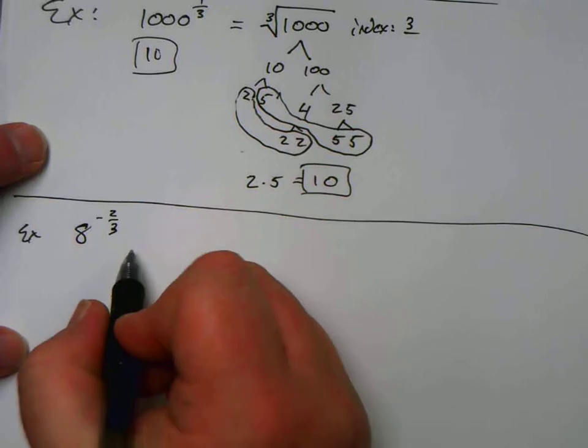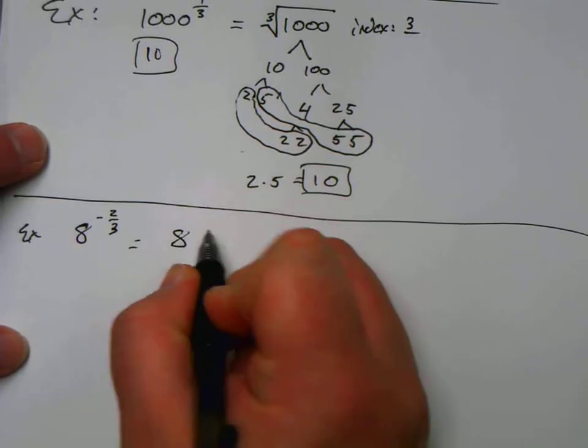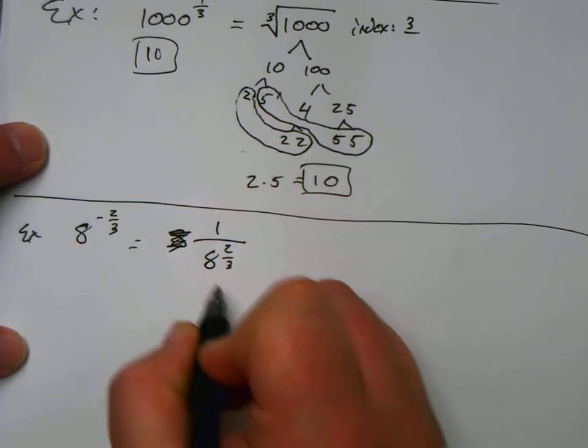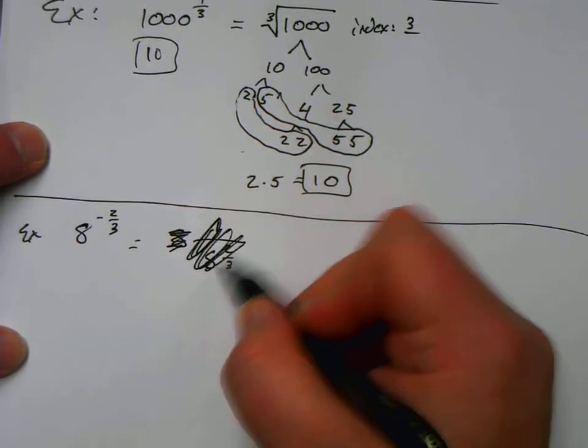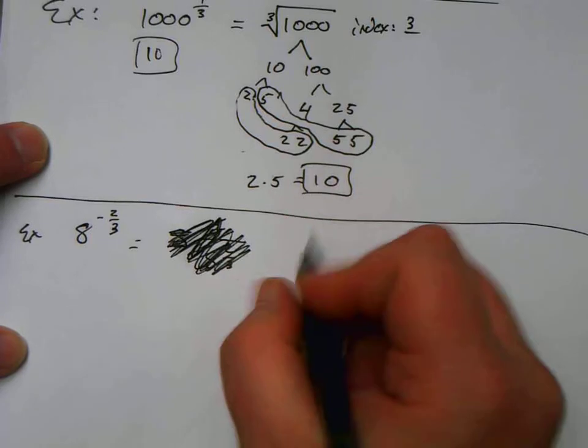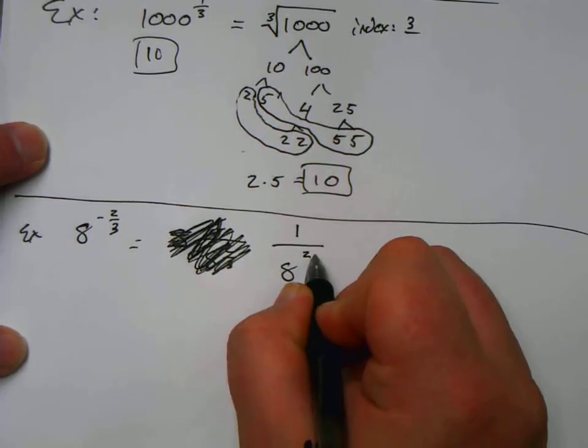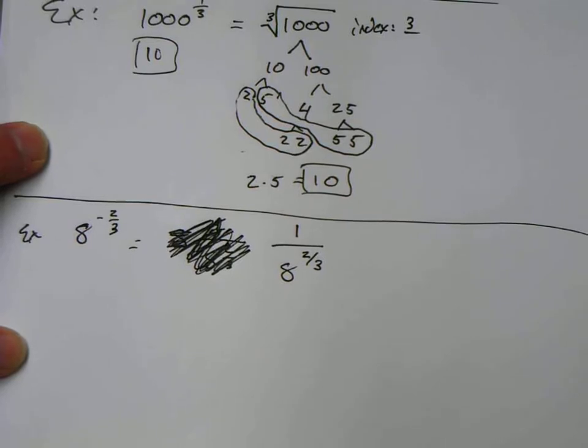So I'll end up with 1 over 8 raised to the positive 2/3 power.